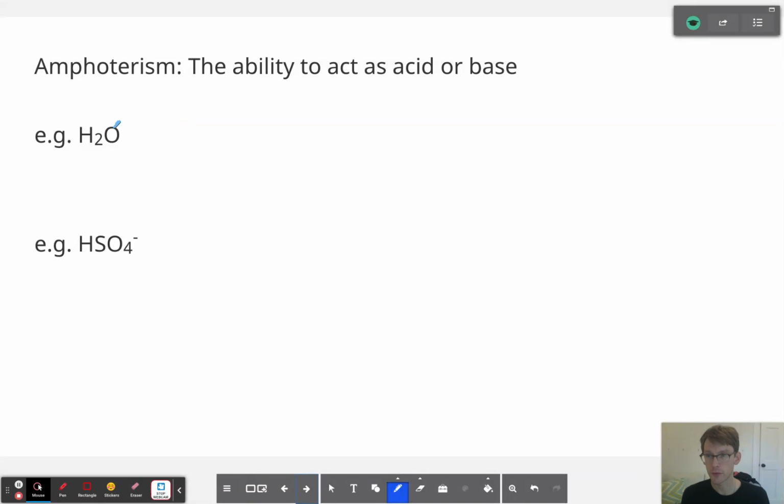And so when we look at water, H2O can react with HCl to produce H3O plus and OH minus, but water can also react with, I'm going to say hydroxide, but you know what? Let's just make it even something more basic than hydroxide.